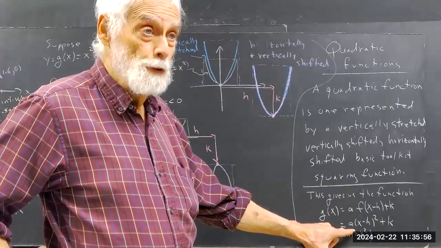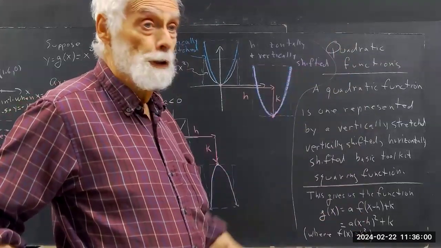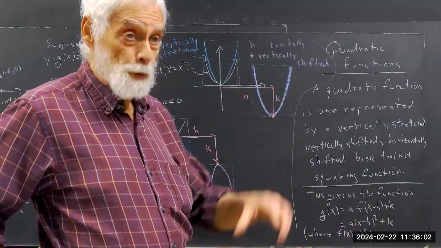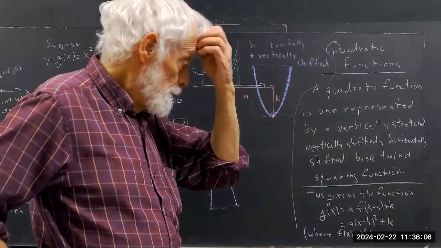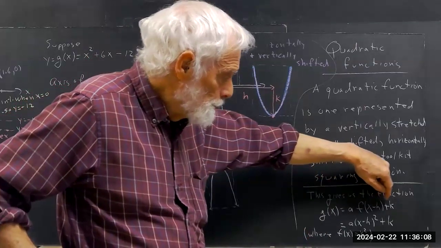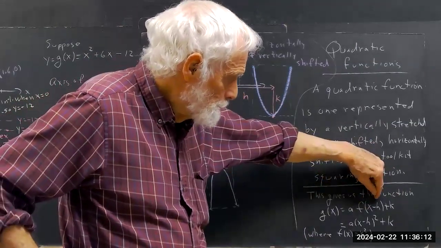So I'm telling you, you need to learn what this means so you understand what I'm telling you, because this makes everything really easy if you understand what we tried to develop in 3, 3.5 weeks, whatever it was. Okay, the a f of x minus h plus k thing. There's your vertical stretch. There's your horizontal shift.